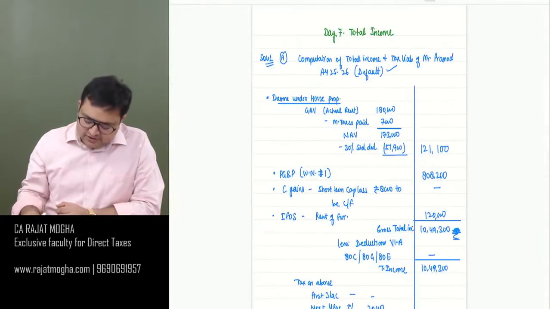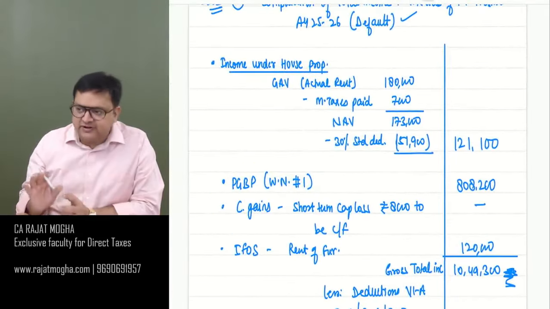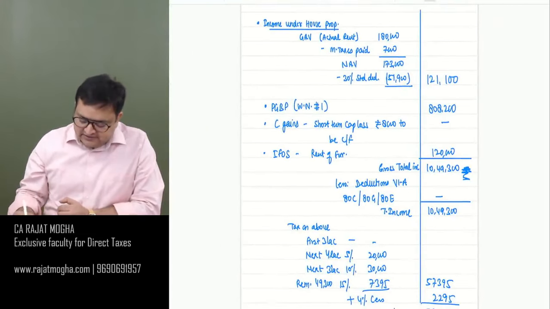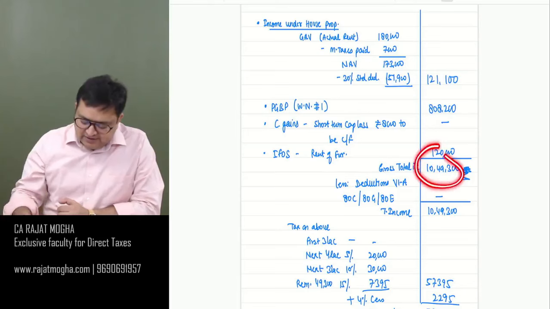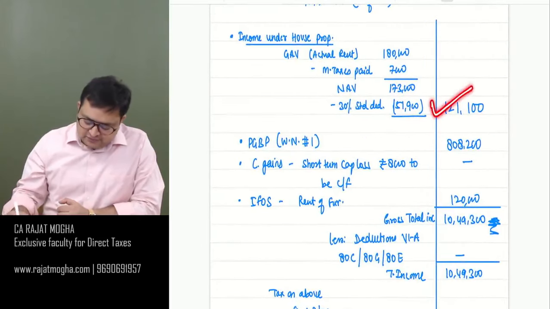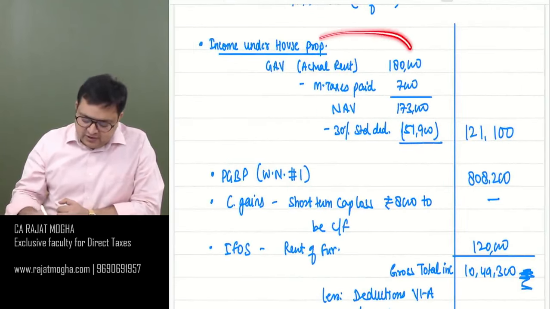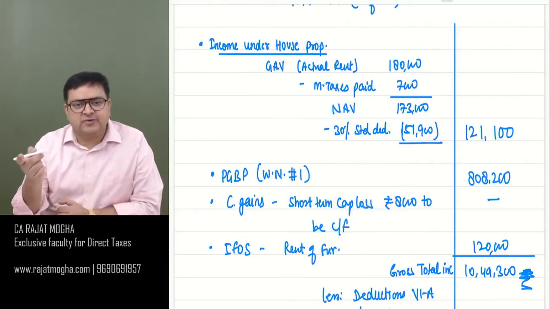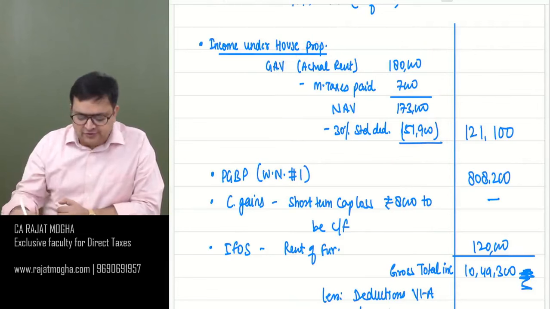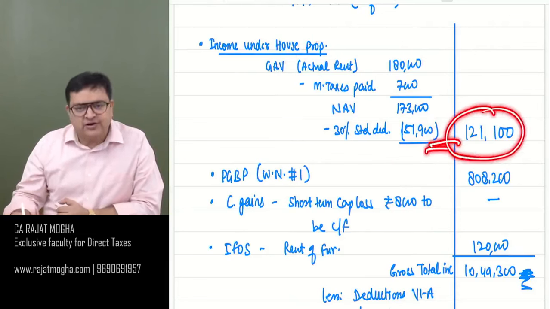as per default or as per optional, what would have been the difference? See, this 10,49,000 has been made up of house property, PGBP, and IFOS. Tell me, guys, in optional and in default, the only difference in house property is self-occupied property. First of all, it's not a self-occupied property. So I believe that it is the same in default and in optional.